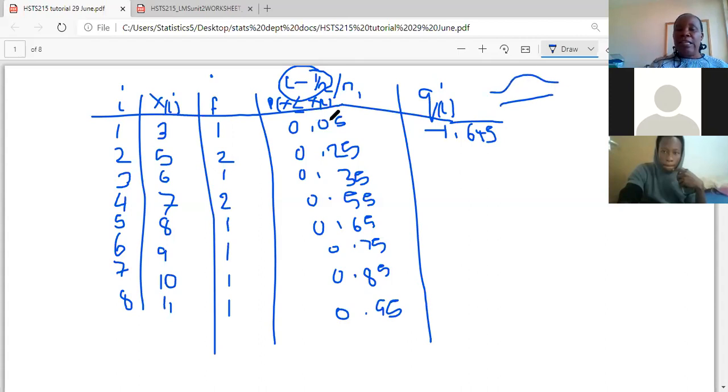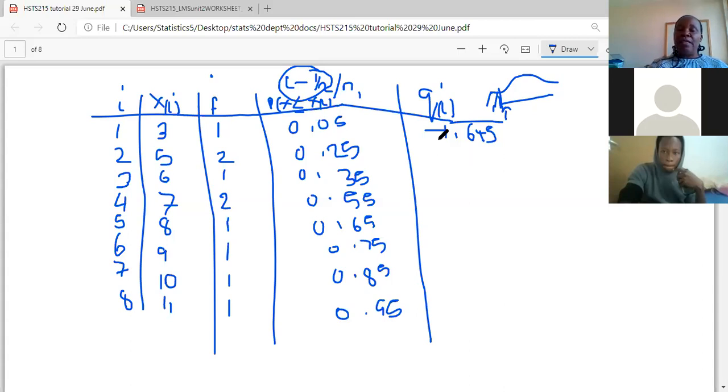So basically we are saying, if you look at the normal distribution, these are the probabilities on this tail. We are looking at the Z values which will leave 0.05 on the left tail, 0.25 on the left tail, 0.35 on the left tail, 0.55 on the left tail, and so on.